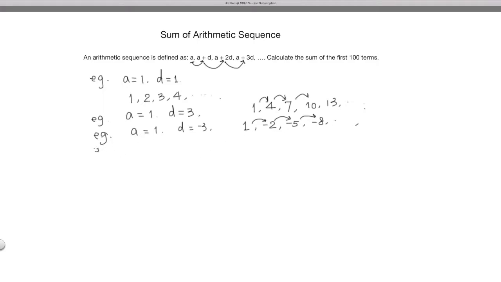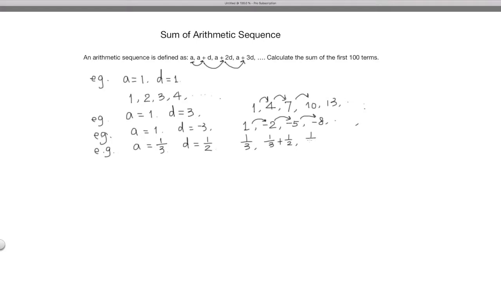And we can do a, let's say, start with 1/3, d equals 1/2. So what's that sequence? Start with 1/3. The next one will be 1/3 plus 1/2, which of course is 5/6.